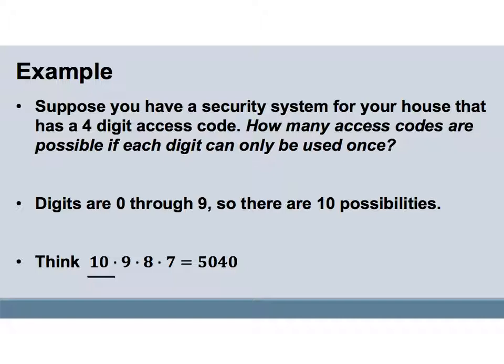However, it said I can only use each digit once. So once I use one of them, I can't use it anymore. So next time, I only have 9 choices. And the next time, I only have 8, and then 7. Multiply all those together, and that gives you 5,040 different possible access codes that you could come up with.